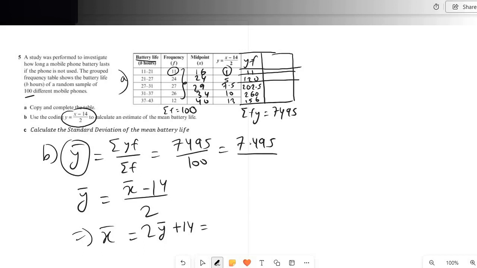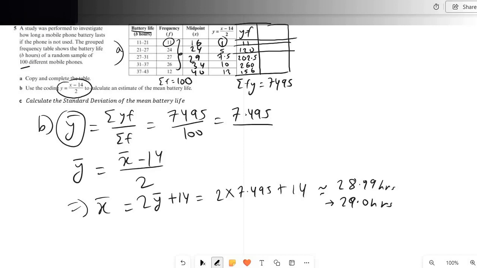Substituting the value for the mean of Y, we get 2 multiplied by 7.495 plus 14, which gives us an approximate value of 28.99 hours, which is roughly 29.0 hours, or 29 hours to 3 significant figures.